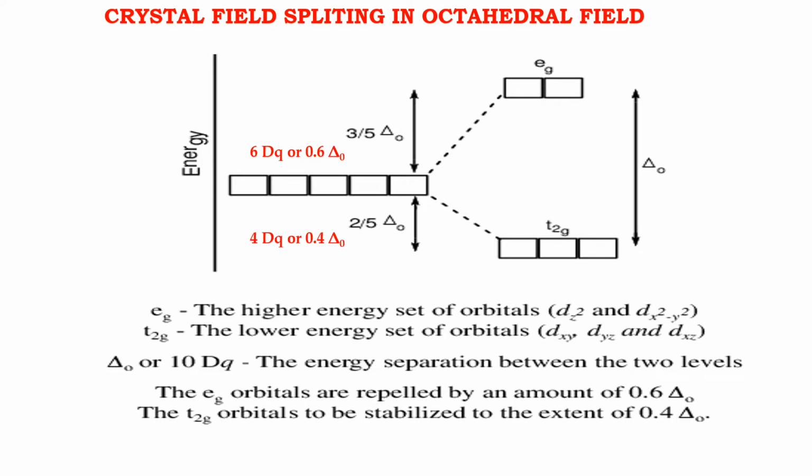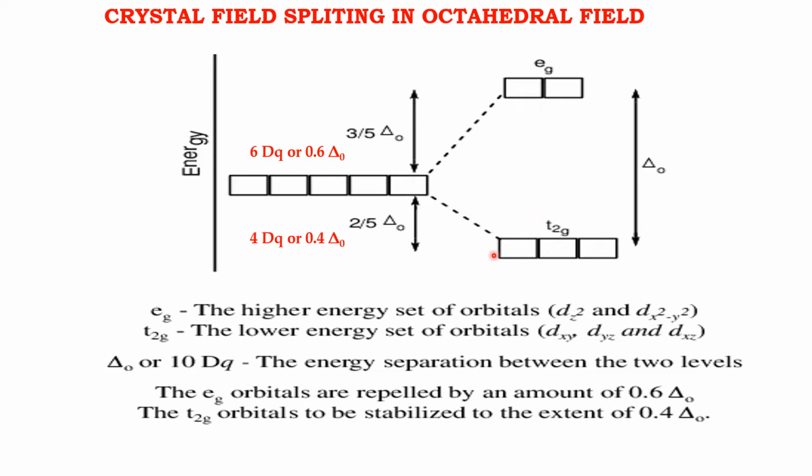So we have seen this in the previous class. The d orbitals, which are degenerate, undergo splitting into two: t2g orbitals and eg orbitals. The energy gap between t2g and eg orbitals is delta O, or the 10Dq value, that is the crystal field splitting energy.